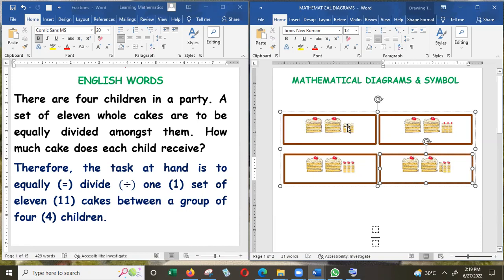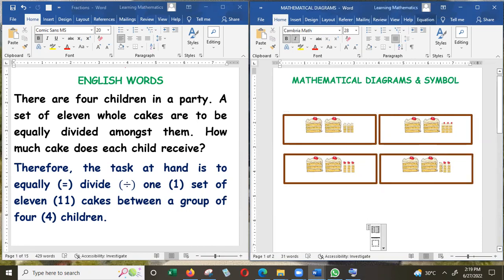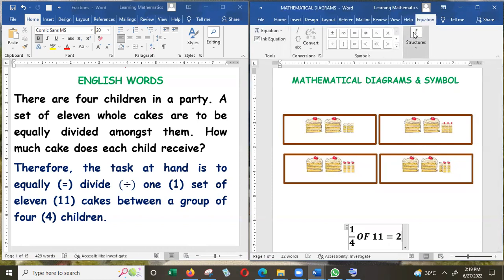Okay, so we can conclude that 1 quarter of 11 is equal to 2 and 3 quarters.